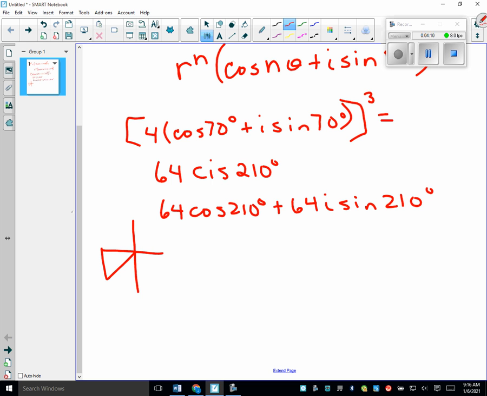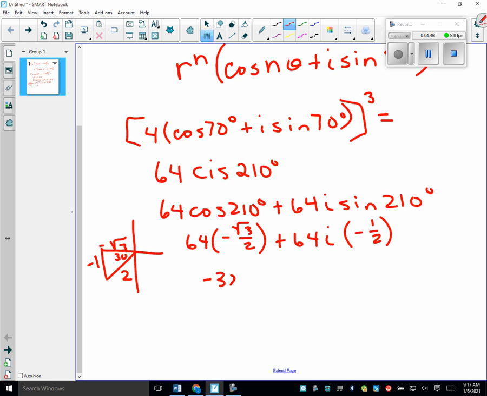And what does that make my reference? 30. So this is negative 1 half, and negative radical 3 over 2. So what's the cosine of 210? So I have 64 times negative radical 3 over 2 plus 64i times what? Can I simplify this to negative 32 radical 3 minus 32i?